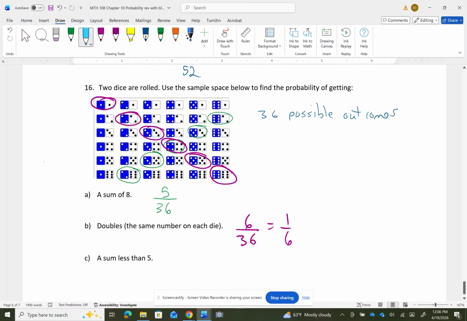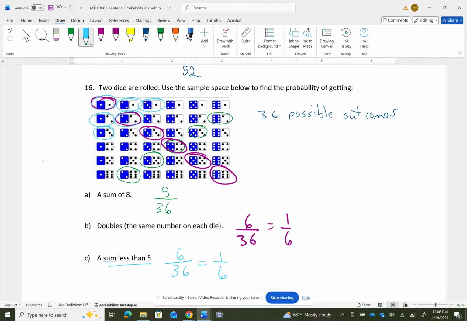All right, so sum less than 5. So less than 5, can't be 5. So here's 4, 4, 4, 3, 3, and then 1. 1, 2, 3, 4, 5, 6. So that's 6 possibilities out of 36. Or again, 1/6 would be the probability of getting a sum less than 5.